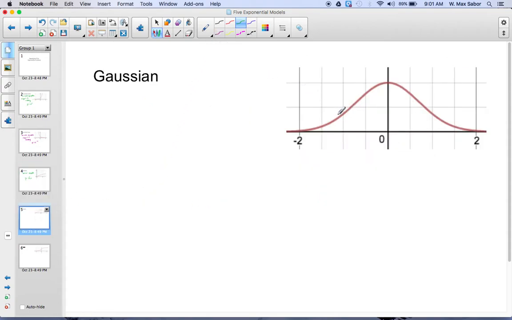The Gaussian curve, we haven't talked about this one yet. The Gaussian curve has a horizontal asymptote, and the horizontal asymptote is very consistently y equals 0. And with this horizontal asymptote, essentially it's getting closer and closer to 0 over here, closer and closer to 0 over here.